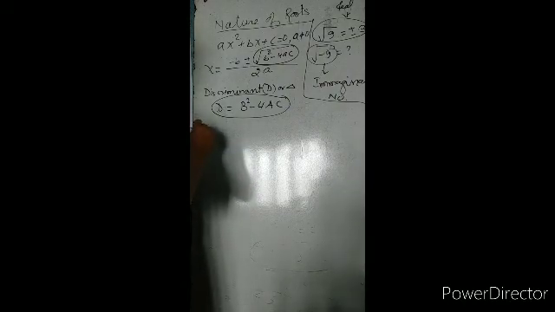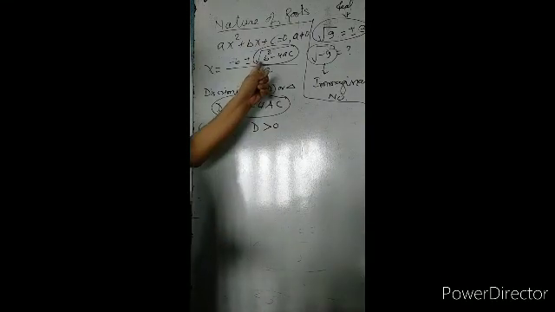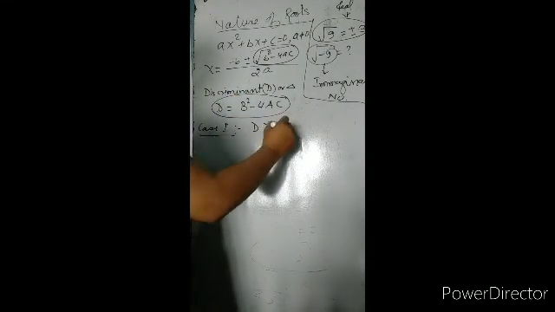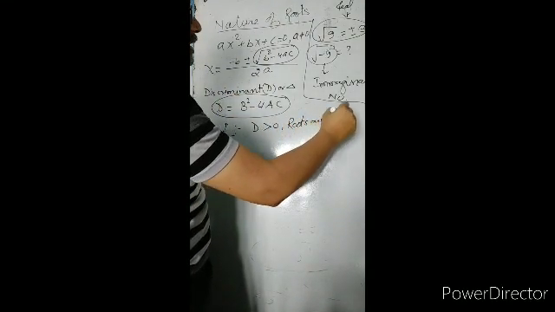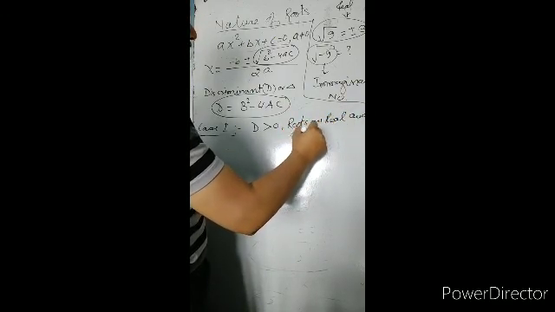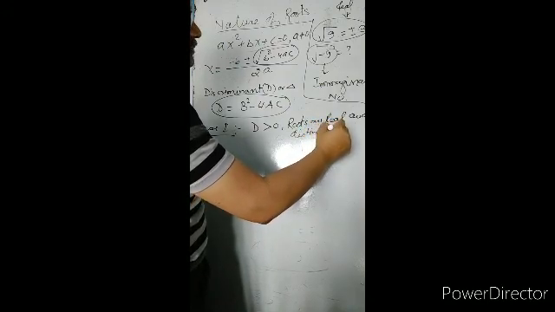Now let us discuss some cases. If the discriminant is greater than 0, the value under the root is more than 0, then the roots are real and distinct or unequal.